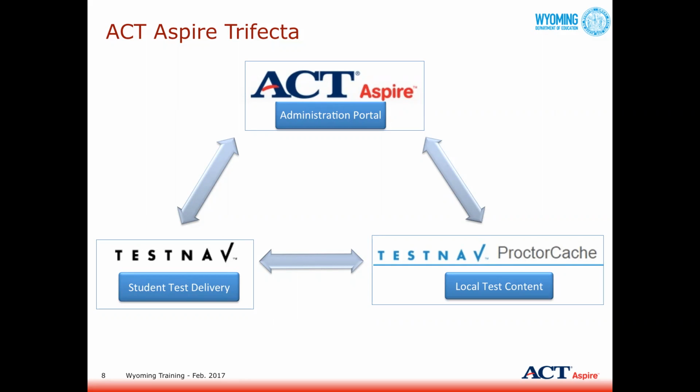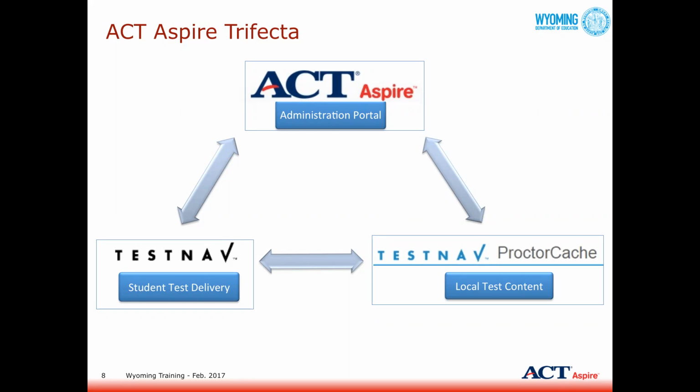So what we ask is that the technologists, you folks, download all of the test content to the Proctor caching machine. The students, using the link and the user ID provided in the apps from the portal, will log into the TestNav app, and by doing that, it's going to pull the content for the actual test from your Proctor caching server itself.